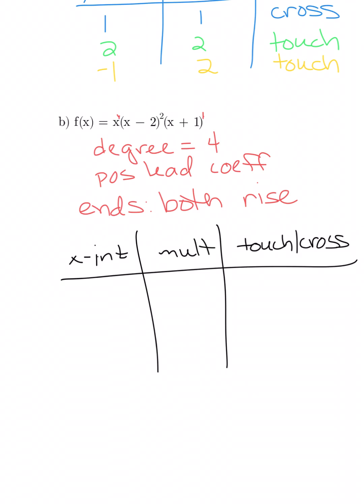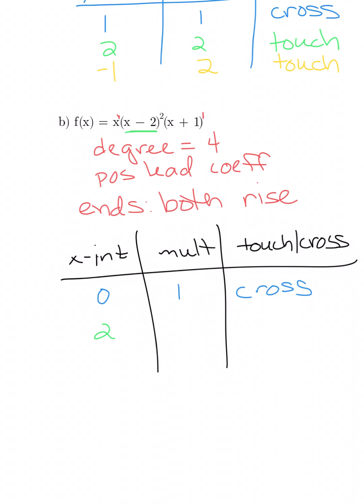Because we have a variable on the front, we get an x-intercept of 0 out of that variable on the front. The power on that variable is 1, so the multiplicity is 1. When the multiplicity is odd, you cross. From the first quantity, we get an x-intercept of 2.